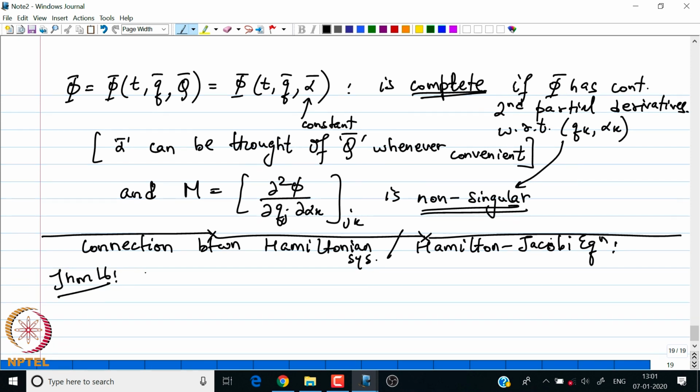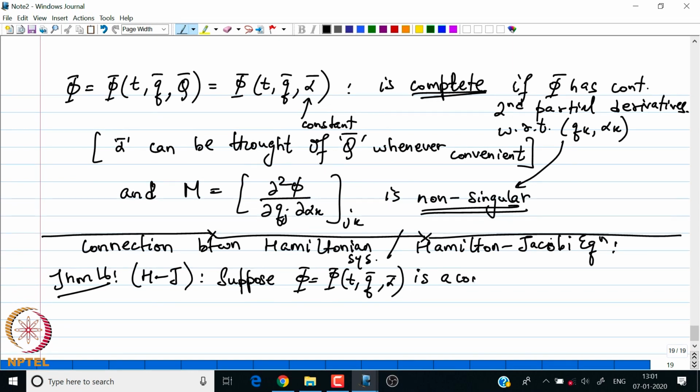Theorem 16, the theorem by Hamilton-Jacobi, says that suppose I am given a function phi, which is phi of t, q bar, alpha bar, that is a complete solution to the Hamilton-Jacobi equation.